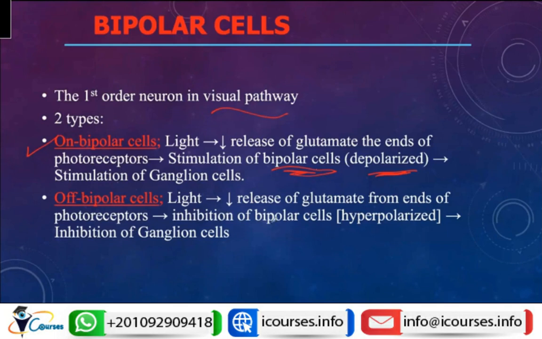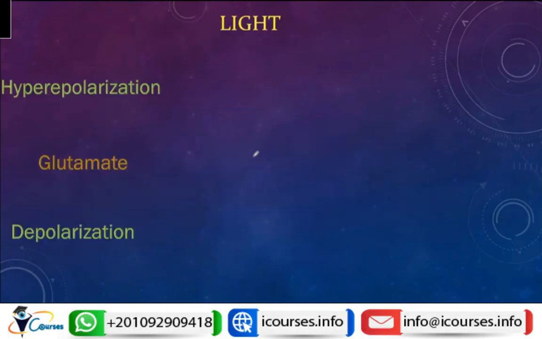This will lead to, again, inhibition of the bipolar cells, which is the off. So inhibition of the inhibition will cause, by hyperpolarization, facilitation. So this is stimulation, not inhibition. So the on bipolar cells and the off bipolar cells will both work together under the effect of light in order to facilitate the electrical signal transmission.